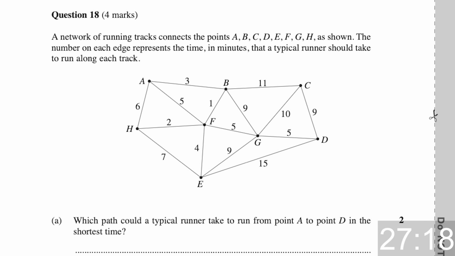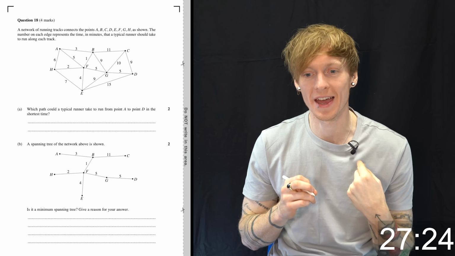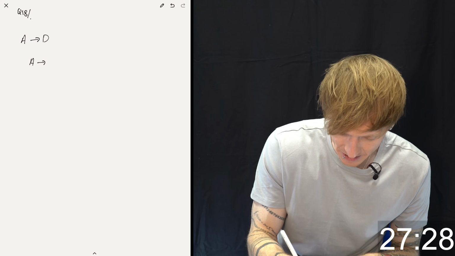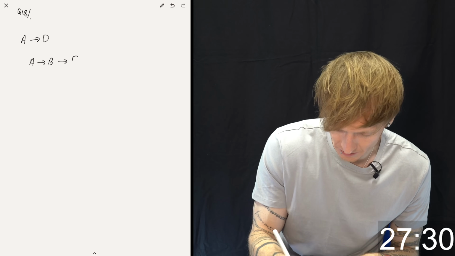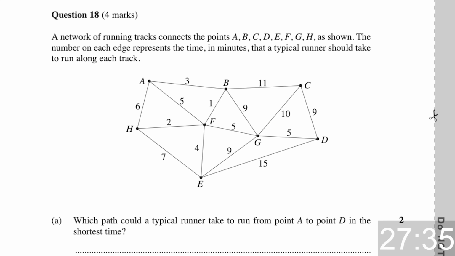So if I went along the 3, because it's the shortest, you want to minimize, I'm then at B. Oh, and then I can do 1, the shortest from B. Ah, gotcha. So if I go A to B, and then take the shortest from B to F, so that's 3 and then 1. And now from F, the shortest would be a 4, but then I've got a 15 and that's not going to help, or a 9. But I could just do a 5 to get to G and another 5.